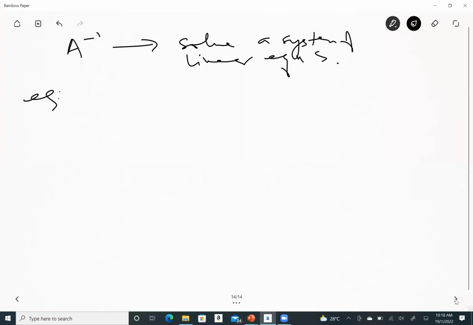Let's say we look at 2 by 2. Suppose we have A11x plus A12y equal to some constant C1. And then we have another equation A21x plus A22y equal to C2.